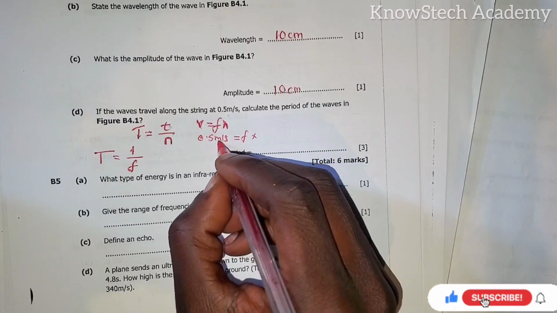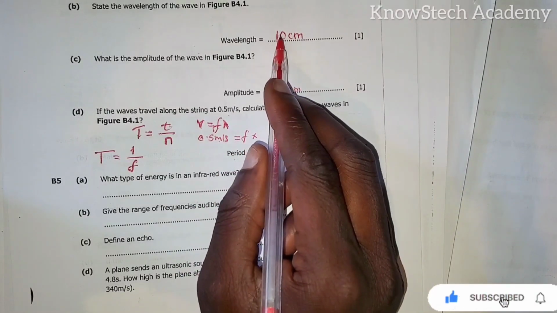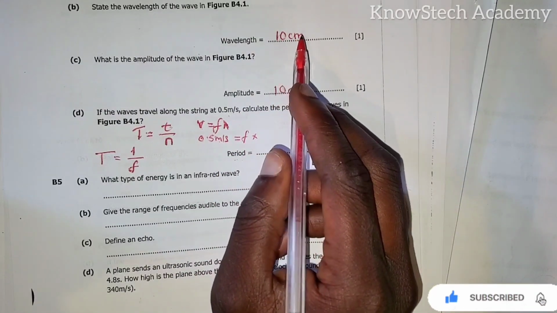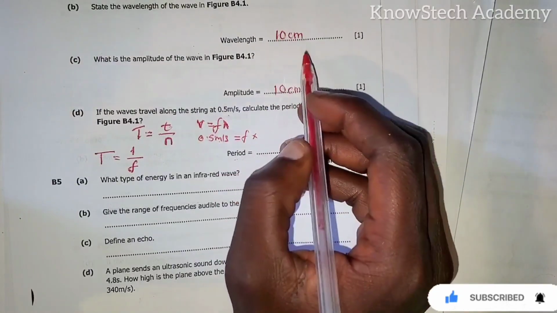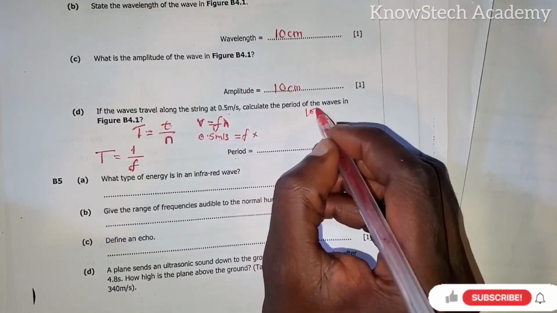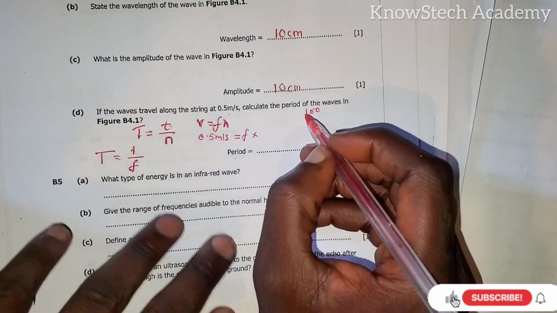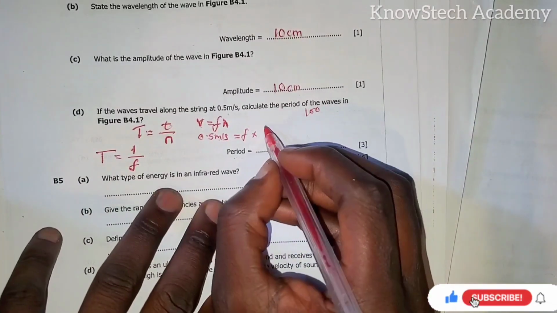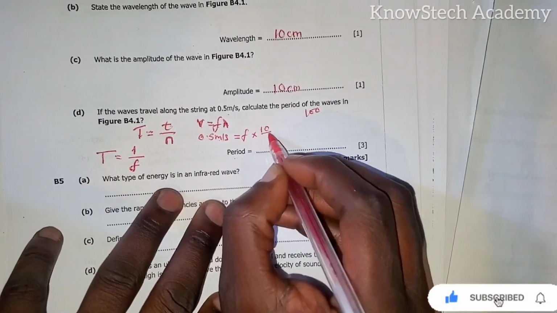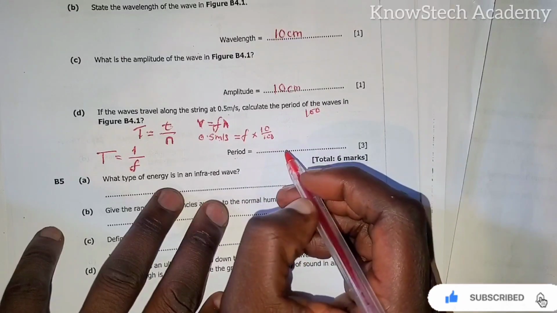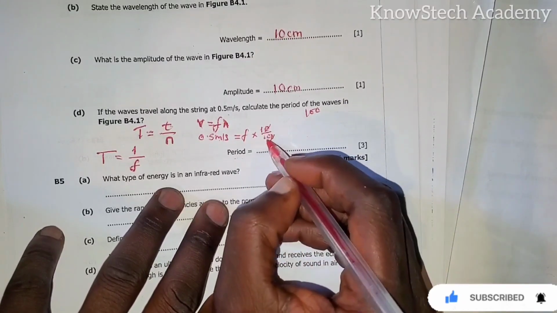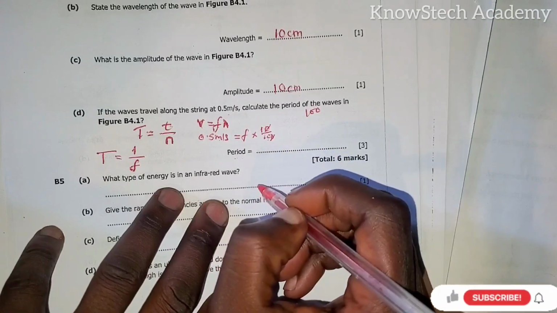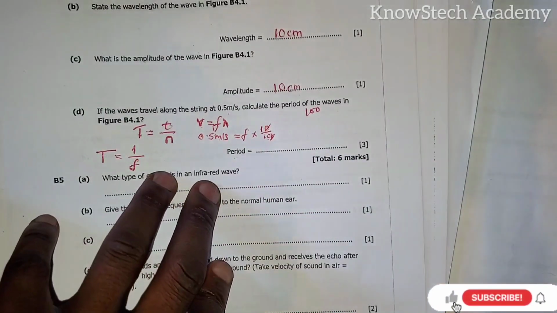Since this one is in meters, we need to change this 10 to meters by simply dividing by what? 100. So here you have 10 over 100, of which this 0 and this 0 can cancel. You have 1 over what? 1 over 10.